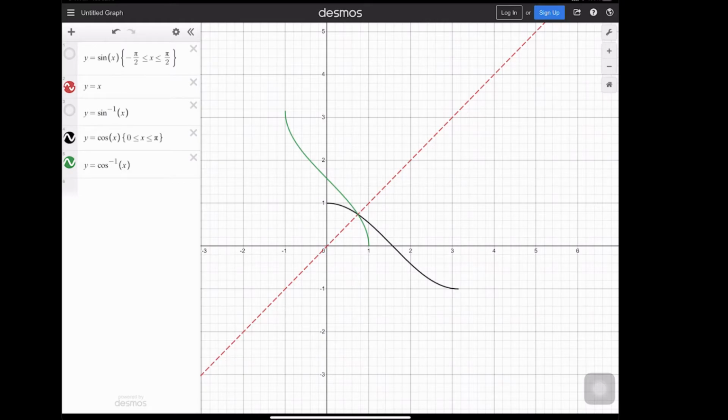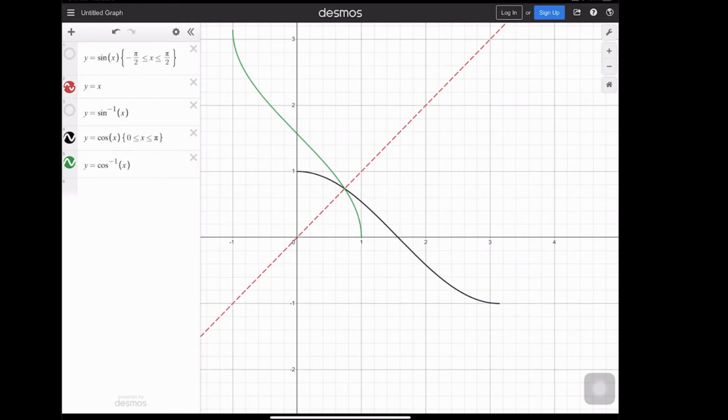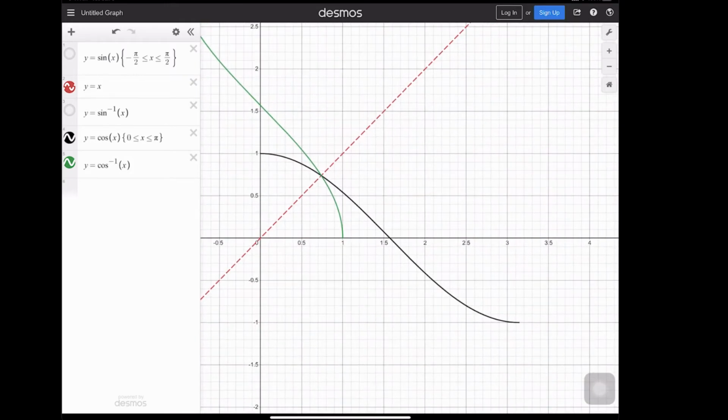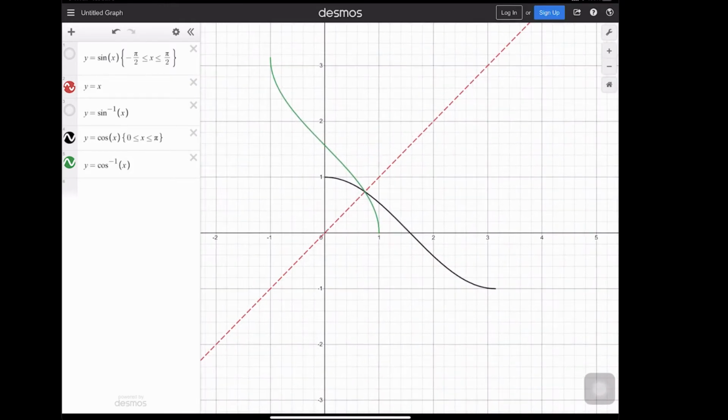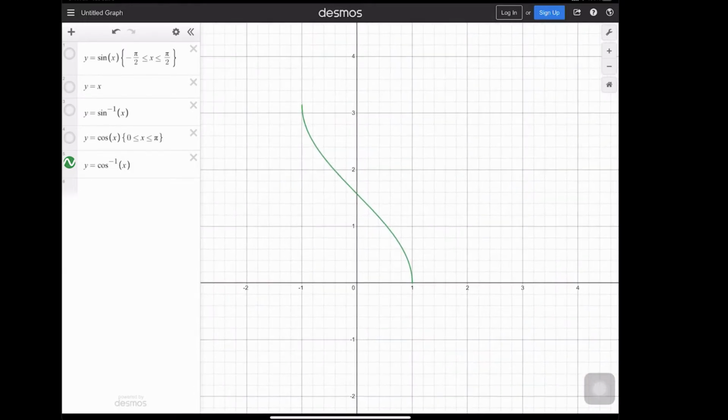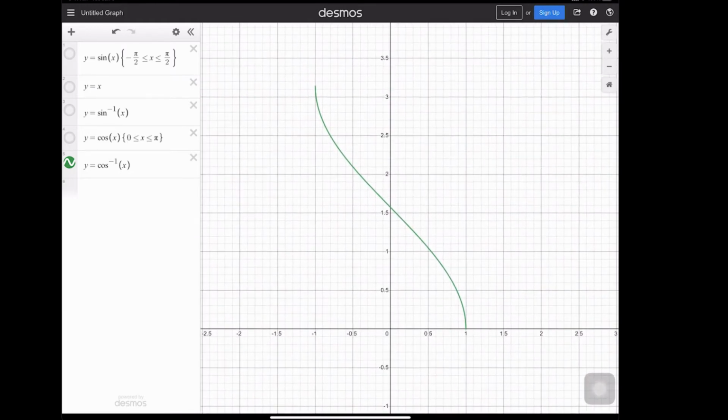There's green. Okay, reflected about the line y is x, so you guys know. Be careful. I'm going to get rid of this. So here's my inverse cosine curve. Okay?